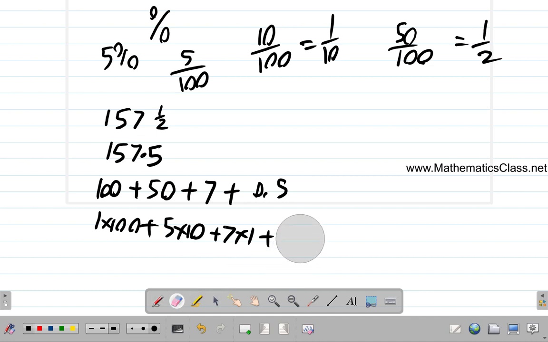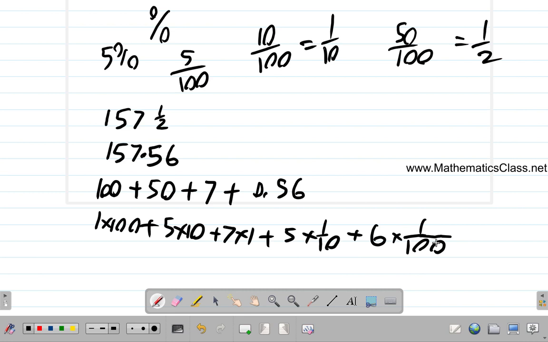But you can rewrite this as 5 times 1/10. So you go 100, tens, 1, then 1/10. And suppose it was 0.56. Then this would be plus 6 out of 100, which means the same as 6 multiplied by 1/100th, and so on.